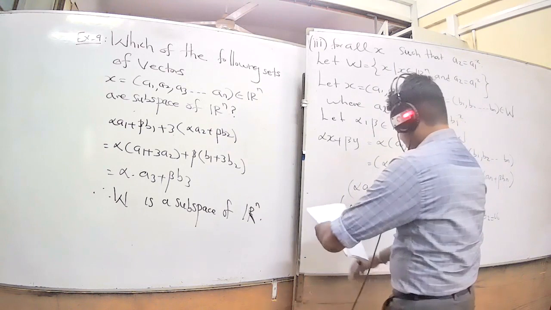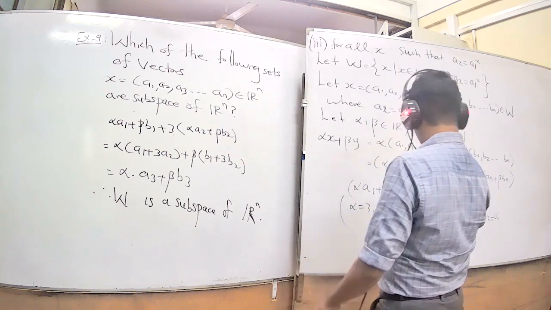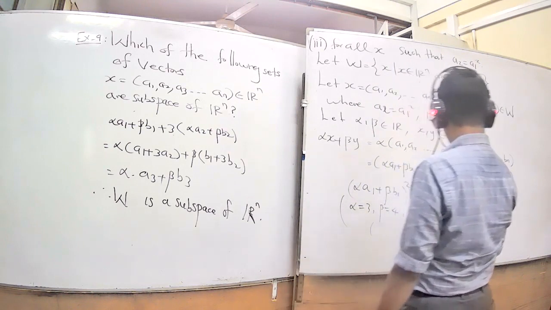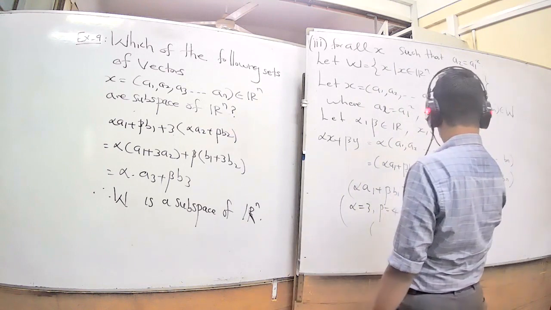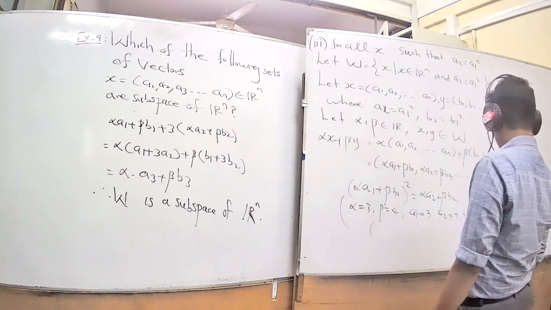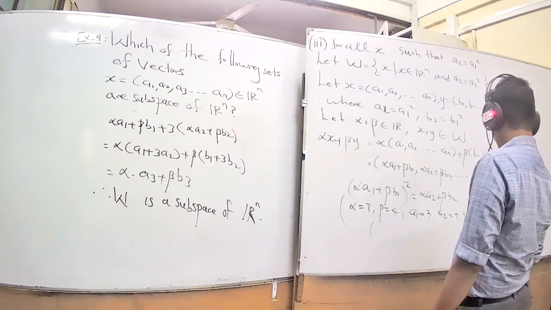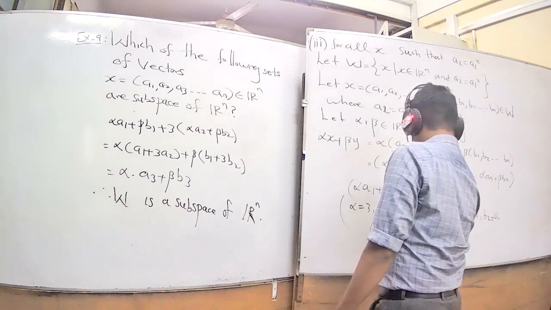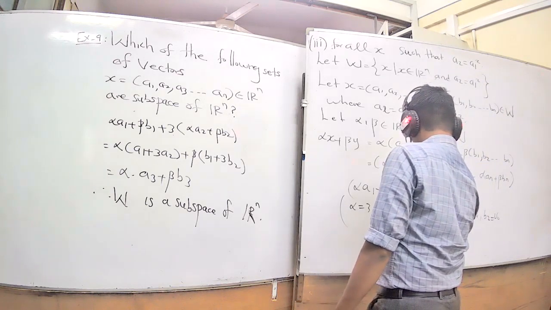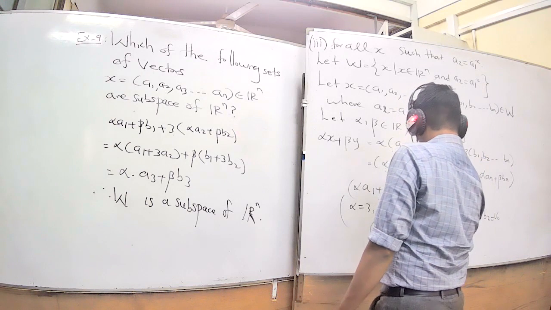Check those values. 3 times a1 is 3 times 3, which is 9. Beta is 4 times 4, which is 16. Then 9 plus 16 is 25, and 25 squared is 625.